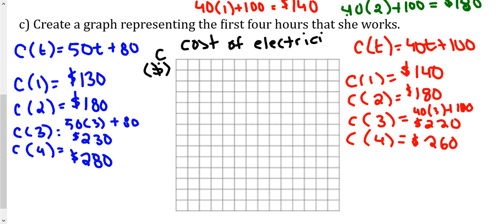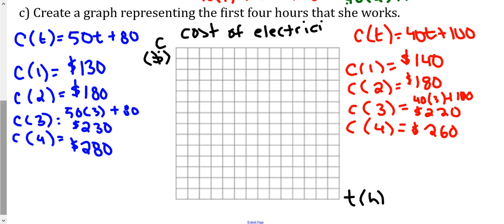And our x-axis, or our independent axis, is going to be time, and that is in hours. So I'm just going to divvy up along the bottom, get myself some nice values to start with. I'm going to go 1 hour, 2 hours, 3 hours, and 4 hours. Make a nice even scale that uses up a good amount of the graph.